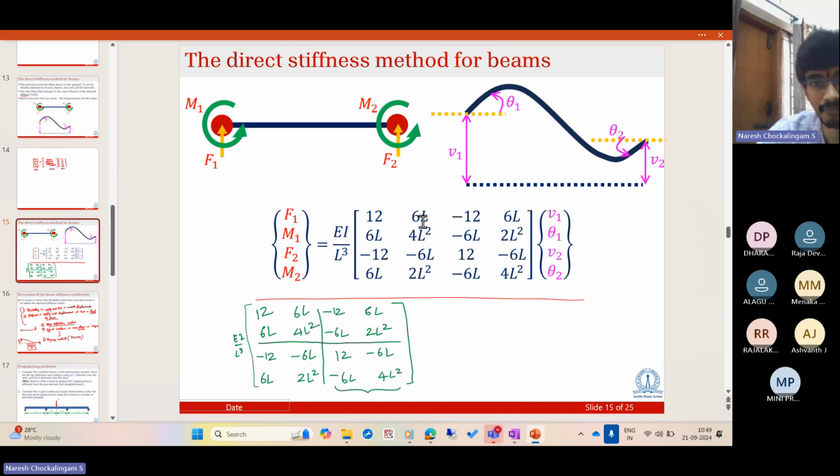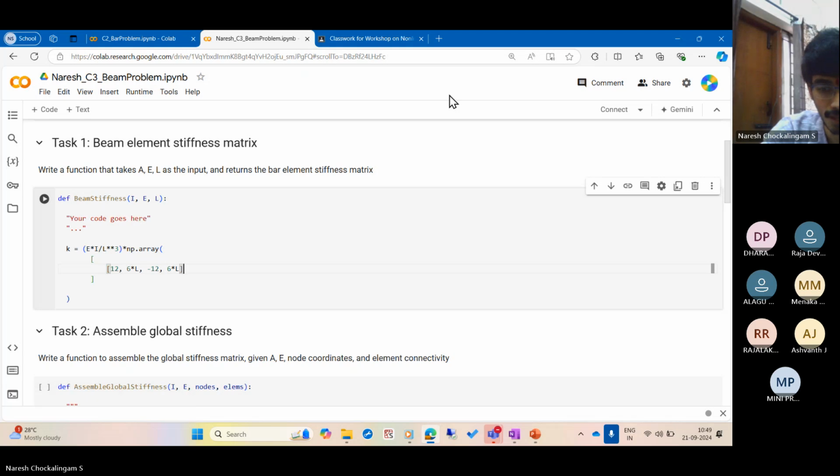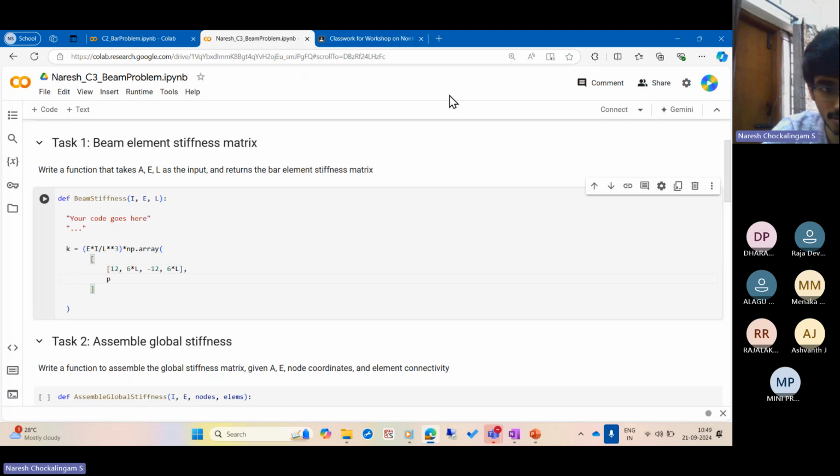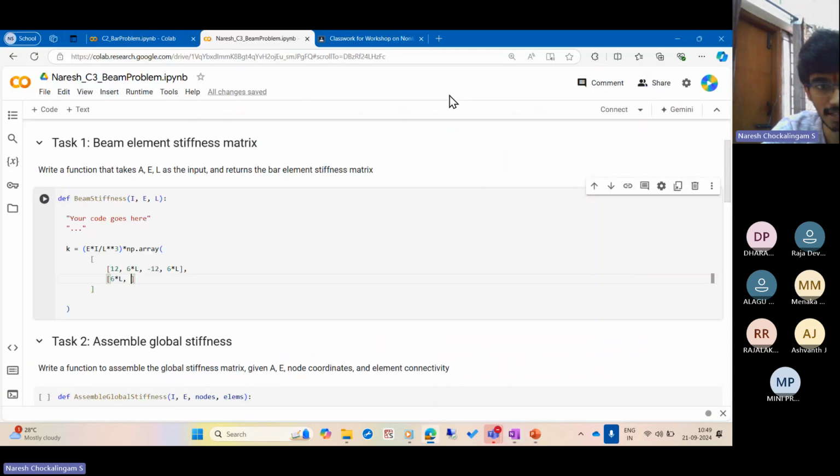Yeah, it is 12, 6L, minus 12, 6L. Then this has to be symmetric. So this first term will be 6L. Then I think it is minus 4L. No, it cannot be minus. That's a diagonal entry, so it's usually positive. So it's 4L square. Yeah, I should have shared it, but it's fine.